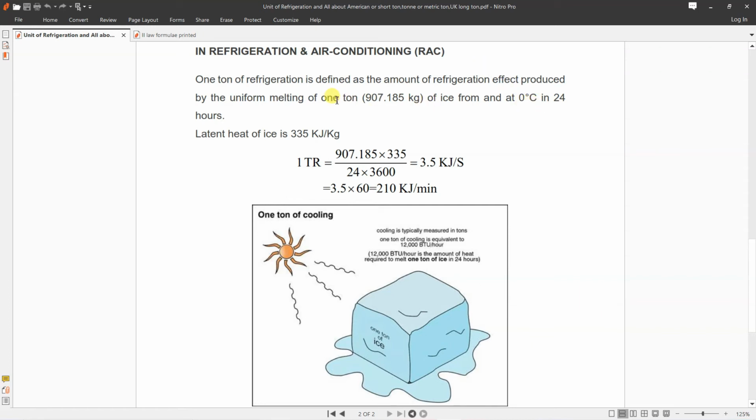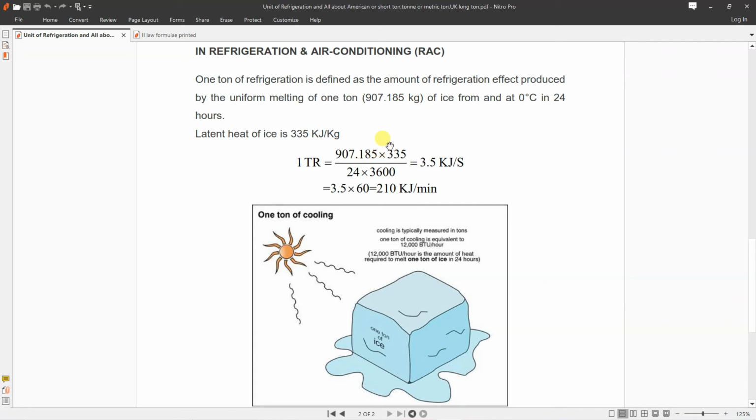That is known as 1 ton of refrigeration. Now the latent heat of ice is 335 kilojoule per kg. So we can now calculate the value of 1 ton of refrigeration. 1 ton of refrigeration is equal to, what is the mass of ice? Mass of ice is 907.185 kg, which is the short ton, multiplied by latent heat.